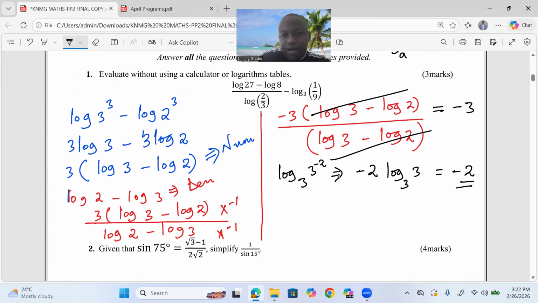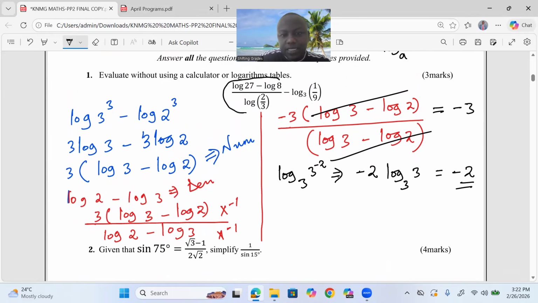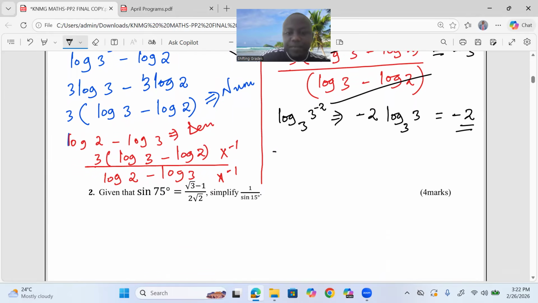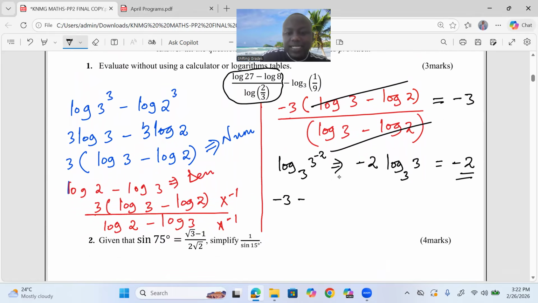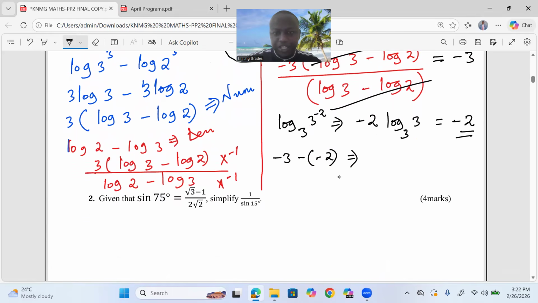And therefore, from the first part, what we got was a -3, then minus what we are getting from the second part, which is a -2. So with such an expression, we can talk about -3 plus 2, giving us a final answer of -1, because we have -3 plus 2.